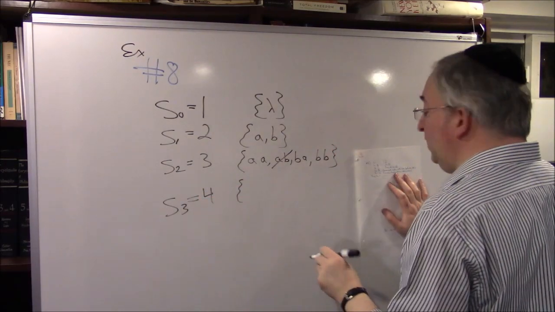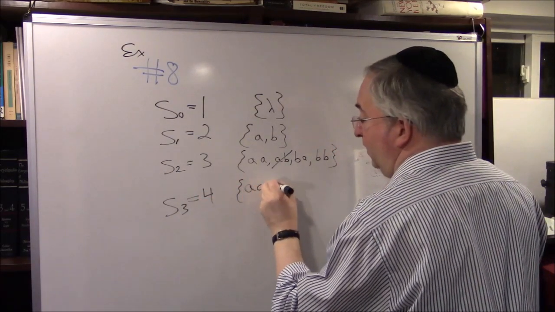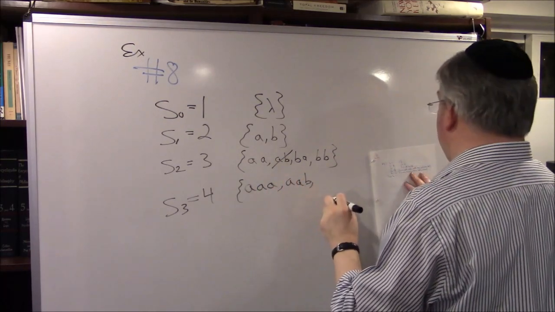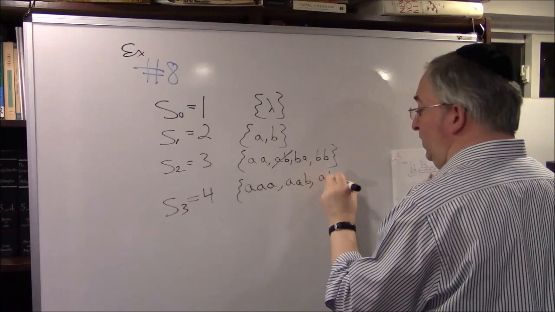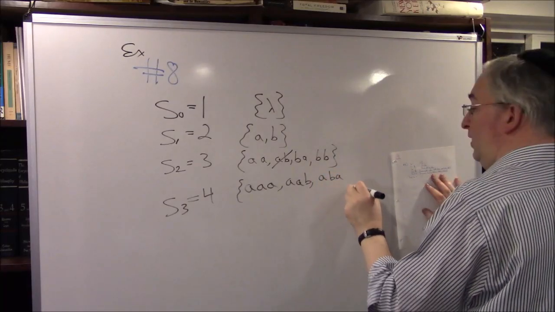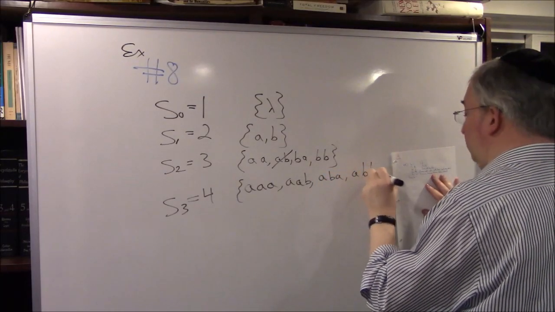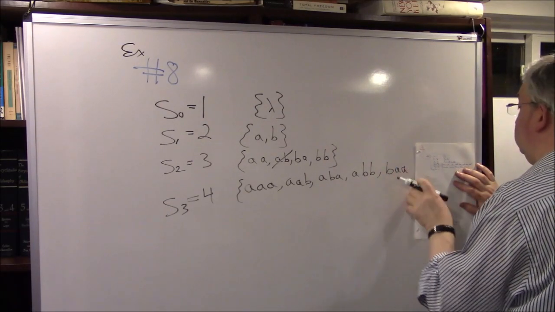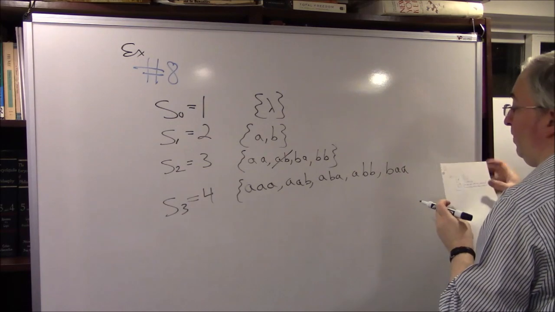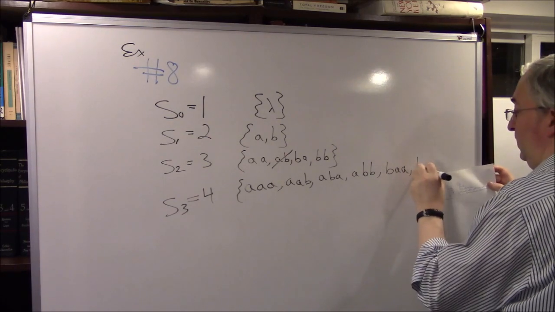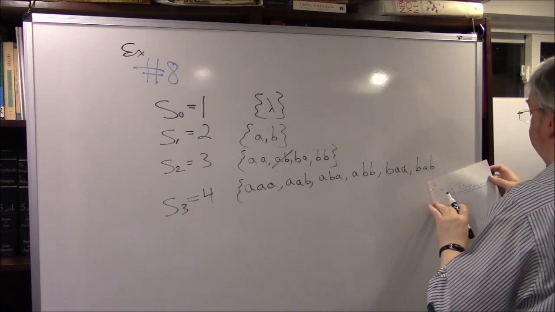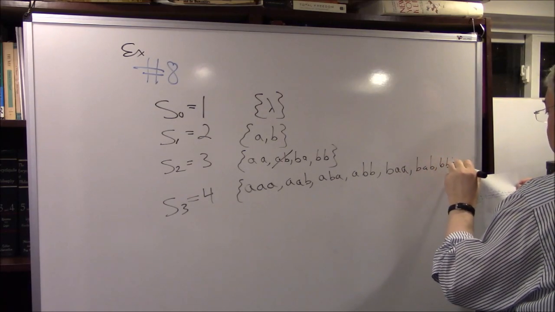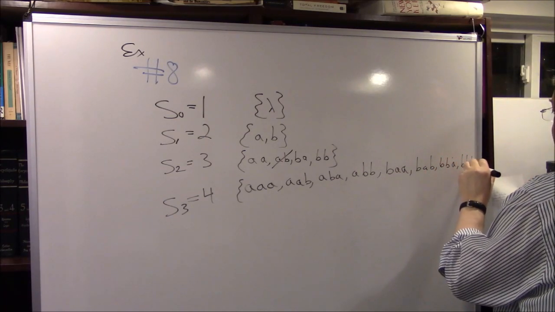I'm going to look at 3-letter words: AAA, AAB, ABA, ABB, BAA, BAB, BBA, and BBB.